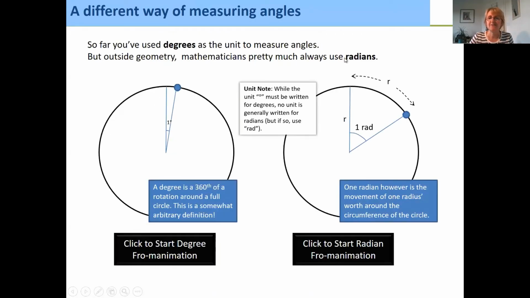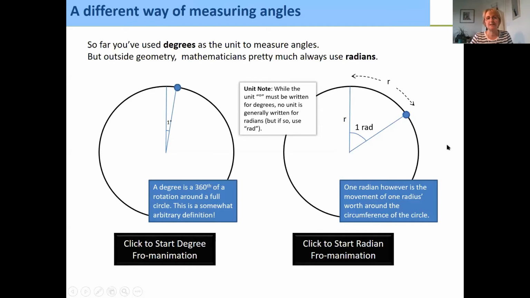So this is the definition of 1 radian. 1 radian is the angle subtended at the centre of a circle where the arc is the equivalent of the radius. Now that looks a little bit like an equilateral triangle, but one side is curved. So you can see that it looks close to 60 degrees.